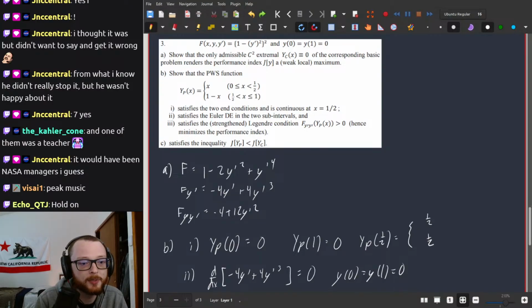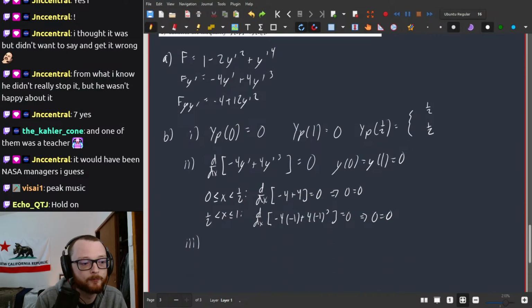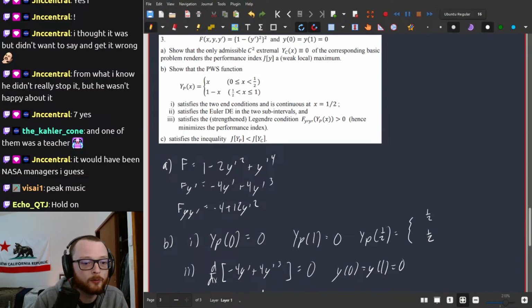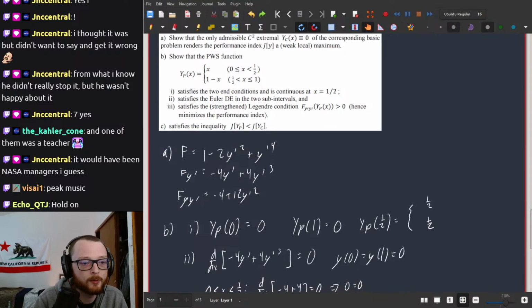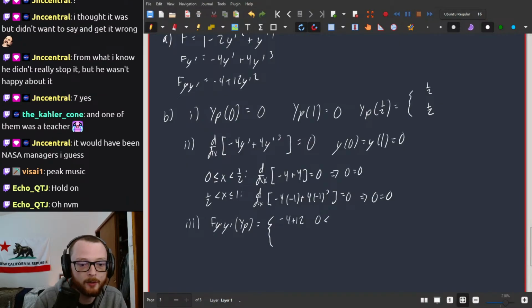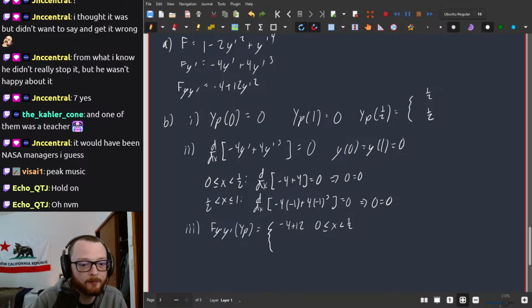I plug in y sub p. We're gonna get a piecewise function. So y prime in the first one is 1. And then it's -1 in the second one, but that doesn't make a difference because it gets squared anyway.